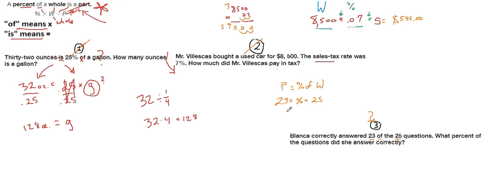So we divide both sides to get the percent by itself. We're dividing by 25 so that we can go like that. Must do the same to both sides. 23 divided by 25 is our percent. It's all about getting this all in order.